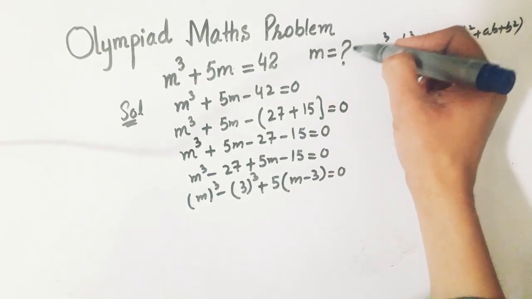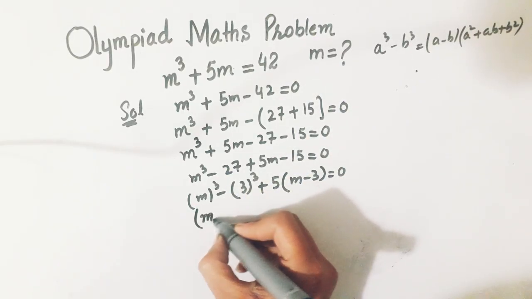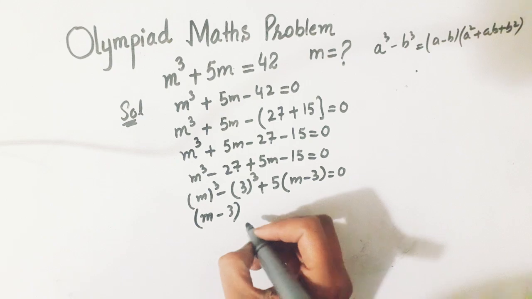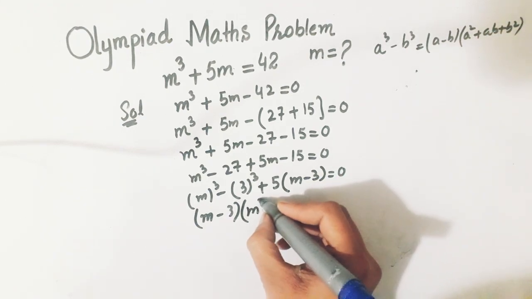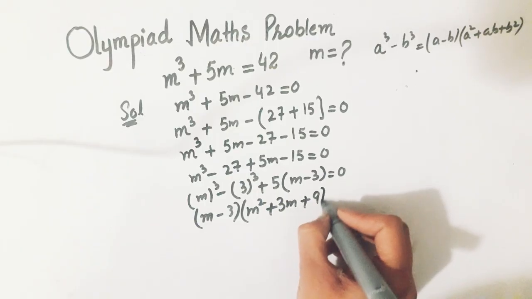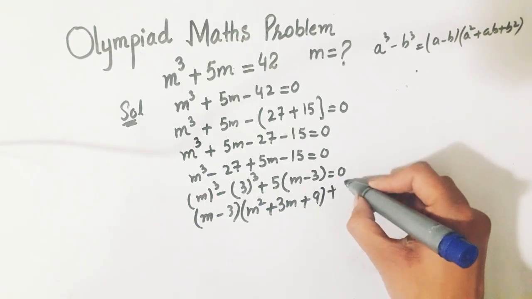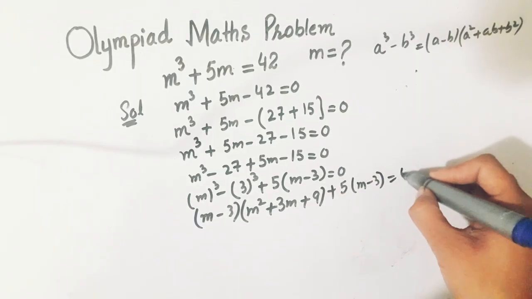So we will apply this formula here and get m minus 3, then m square plus 3m plus 9, and plus 5 into m minus 3 equals 0.